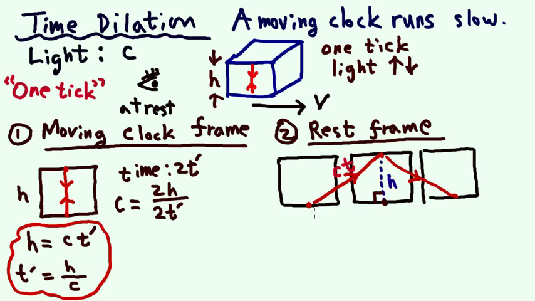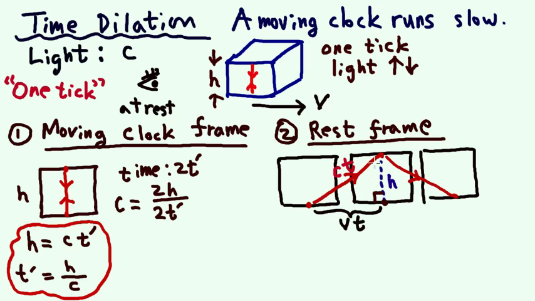And we now ask the question, what is this length here from the red dot to the black dot? Well, the answer is easy, because that's the distance that this box traveled during time t, and because the box has velocity v, this distance is vt.